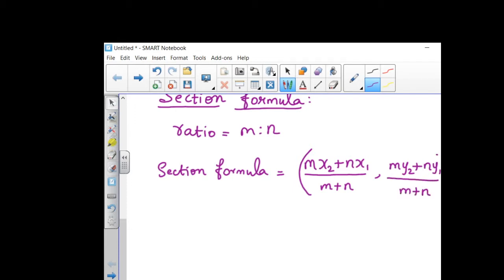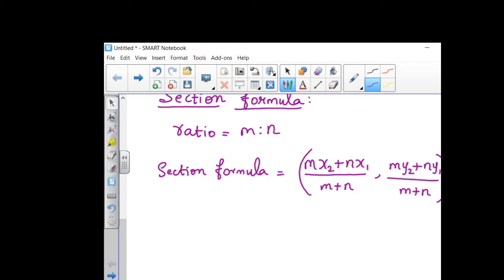So for the ratio given, for example 2:3, you can take m is equal to 2 and n is equal to 3. Then you can apply the values in the given formula, and you will get the point.